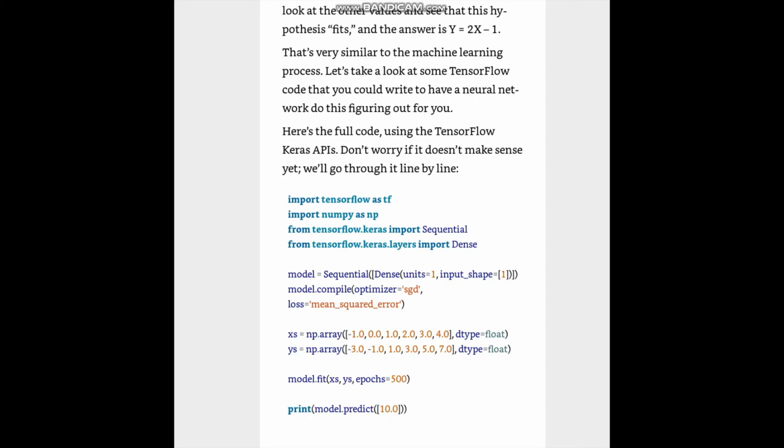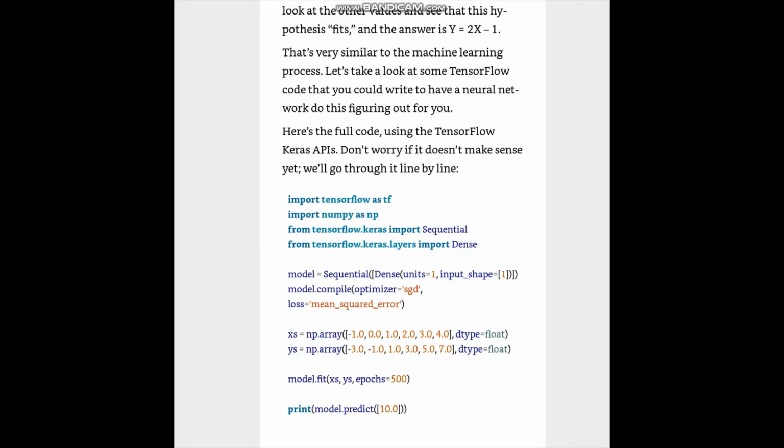Then from Keras, we import Sequential. Then we import the Dense layer, because as we have seen in the previous diagram, there is a dense network of neurons separated by layers. So there were 3 layers and it was a densely interconnected neuron structure.